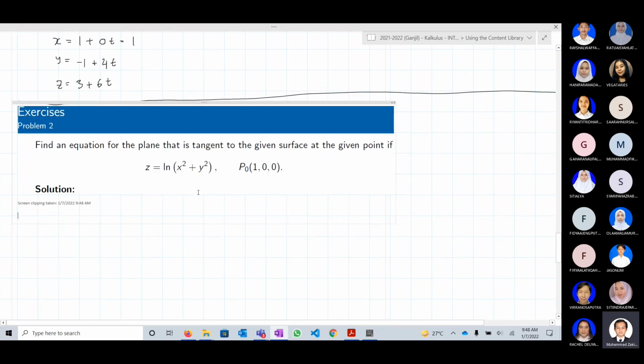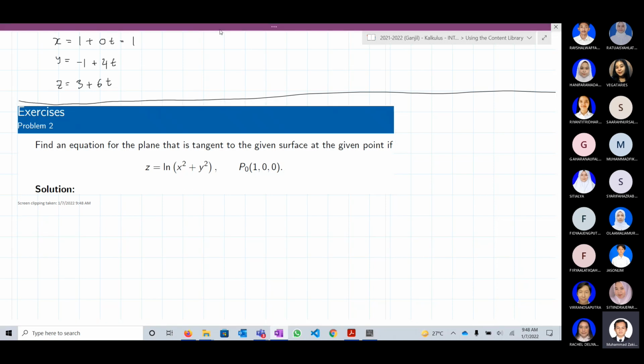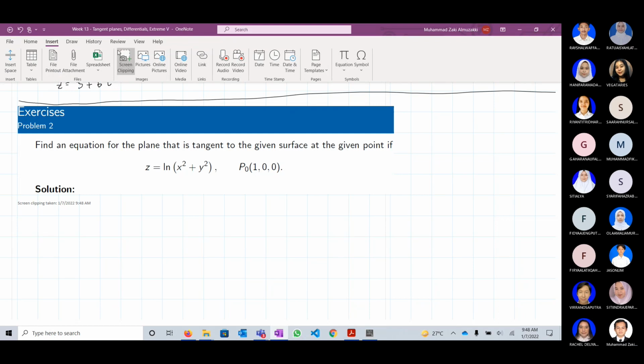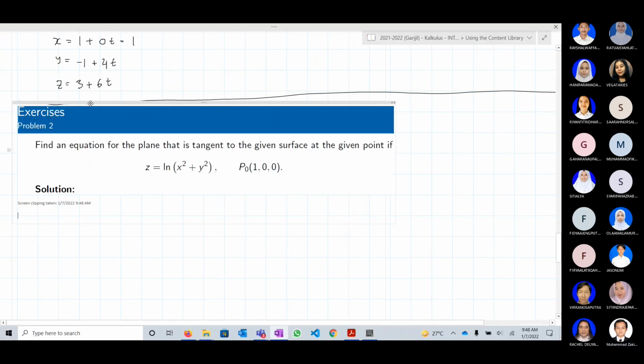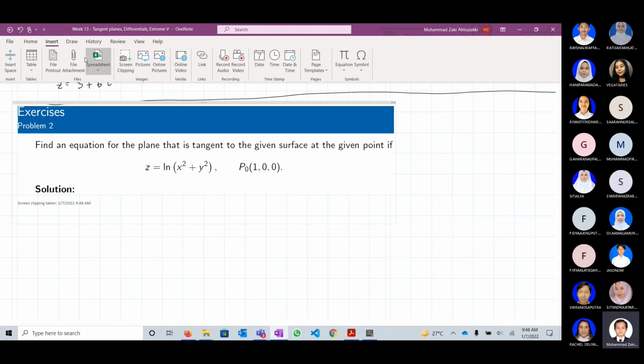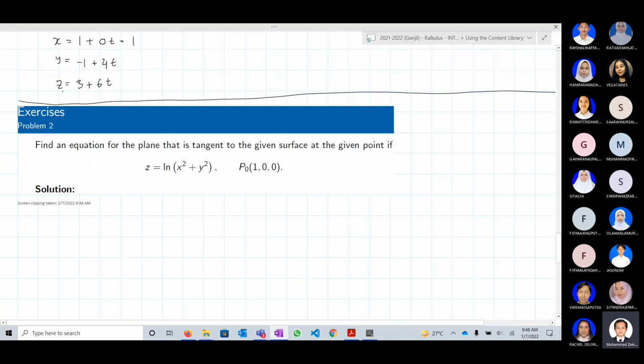Find an equation for the plane that is tangent to the given surface at the given point. For this one, first we have z equals ln of (x squared plus y squared).